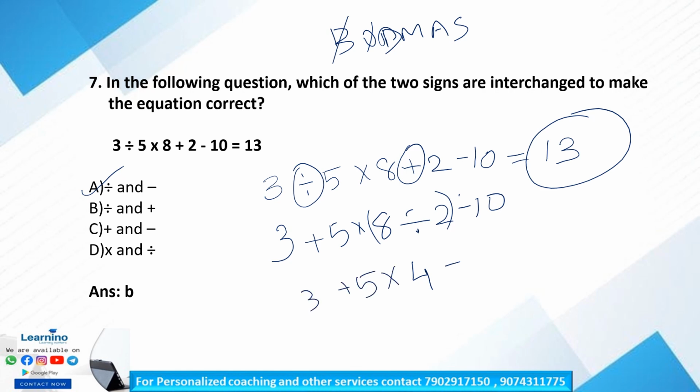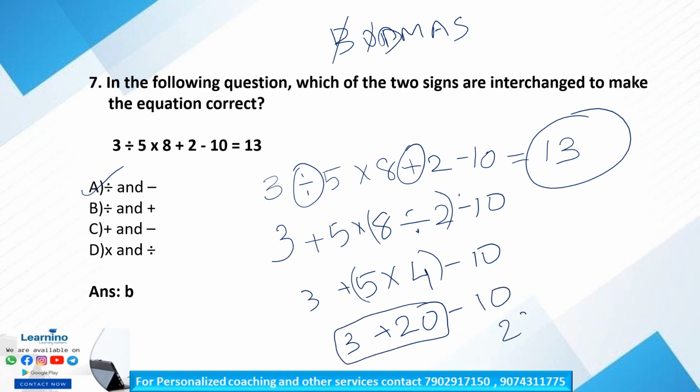So 5 into 4 is 20, 3 plus 20, minus 10. Next we have to do 20 plus 3, 23 minus 10 is what? 13. So we get the answer 13. So our answer is option B, that is, division and addition signs are interchanged.